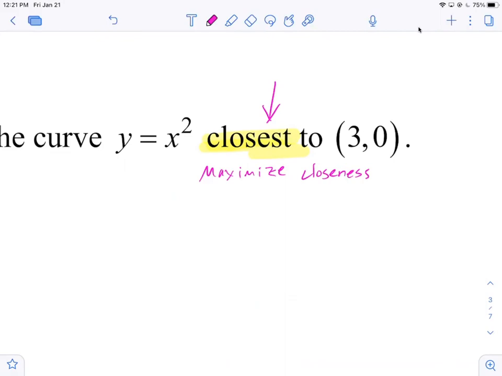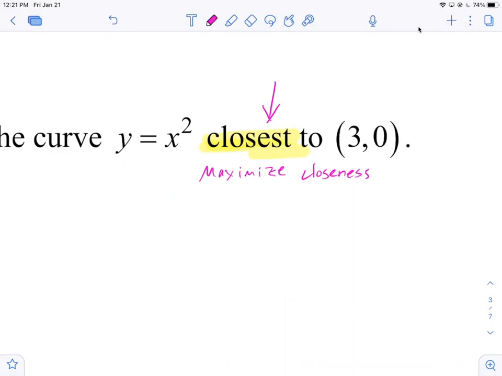What's the formula for closeness? How do we maximize closeness while staying on the graph of y equals x squared?